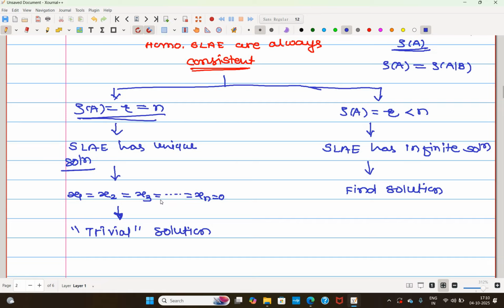In case of a unique or trivial solution you can write it down directly, but in case of infinite solutions, you need to find the solution. Now, as we have given the word trivial for the unique solution of a homogeneous system of linear algebraic equations, we also have a similar type of word for infinite solutions. The infinite solutions can also be called in this case non-trivial solutions.